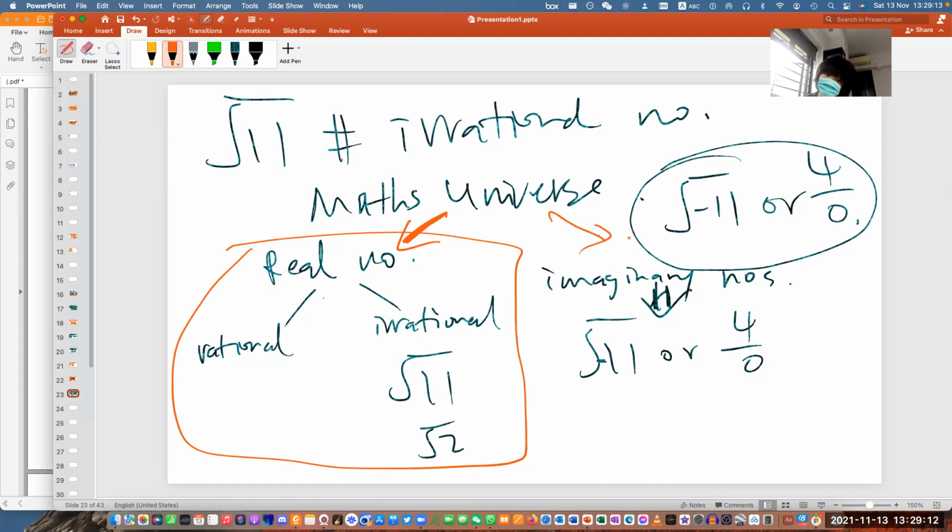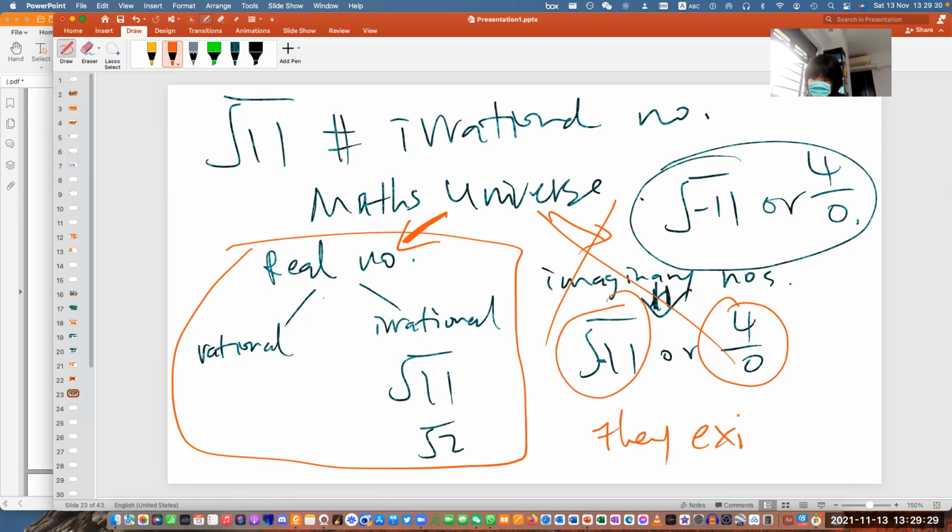This side, no need. You don't need to learn about imaginary numbers as of now. But just for your understanding, they exist. They exist, but you don't have to learn them at the moment. You will learn later on. All right.